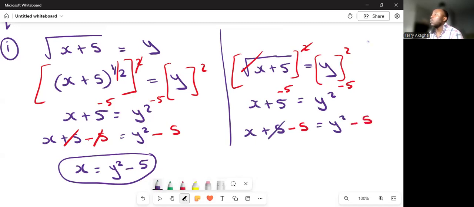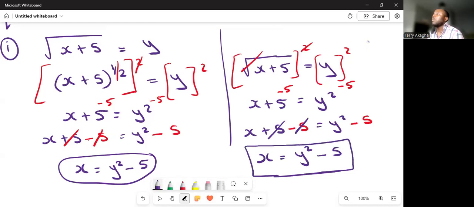So this will cancel that, and x will be equal to y squared minus 5. And that will be the answer for that. So you can see it's still the same answer you get. Whether you prefer to convert it to indices or you're conversant with the index form, you will get exactly the same thing. All right, let's go to number 2 now.